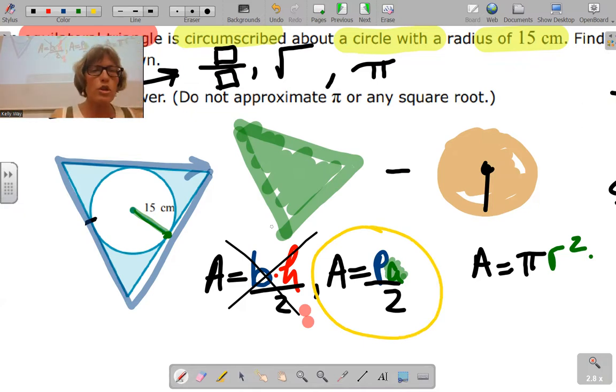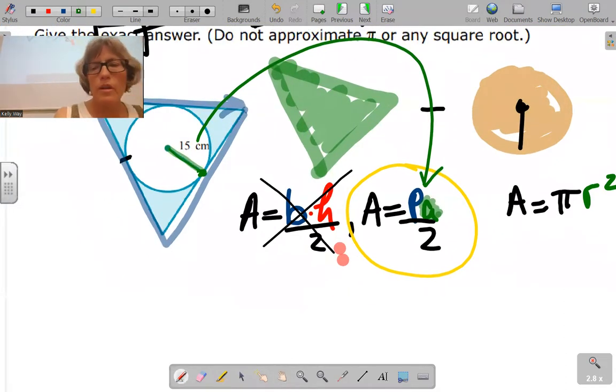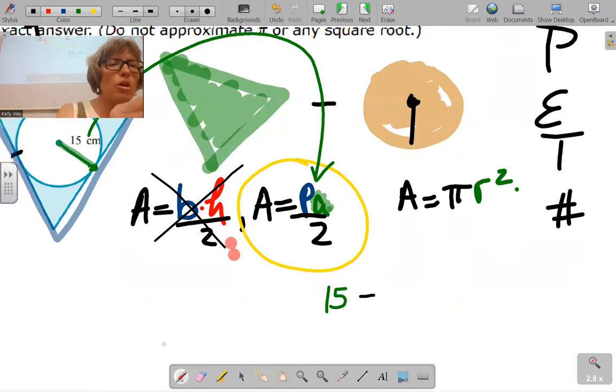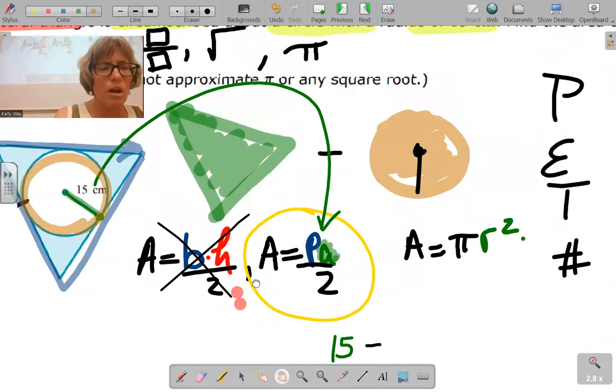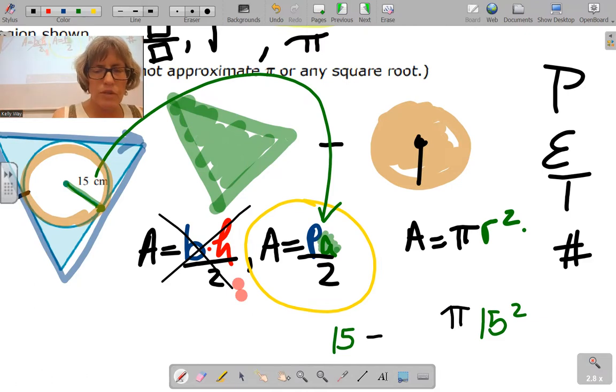Perimeter times apothem over 2. We have the apothem. It's 15. So that's an easy one. 15. And we actually have also the radius of the circle. If you look very closely, that 15 also qualifies as the radius of the circle. So the circle we could just hammer out of the way right now. There we go, 15 squared times pi. We'll just leave that there.